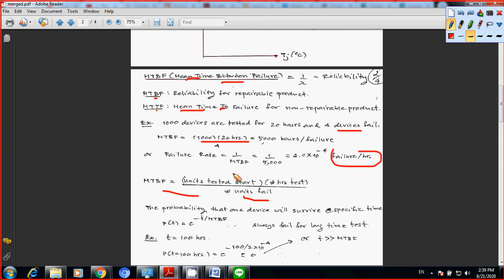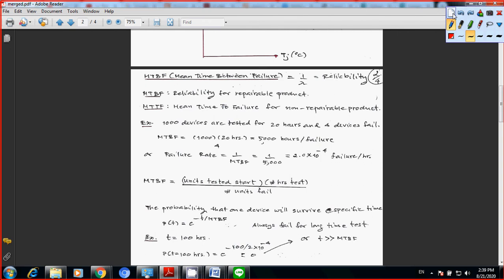Now you move on. You want to know the probability that the device is still working, or still operates, when you operate your device for a certain time. How do you calculate that?